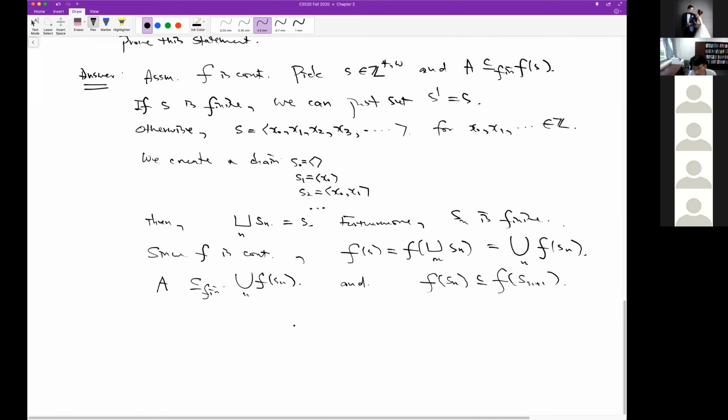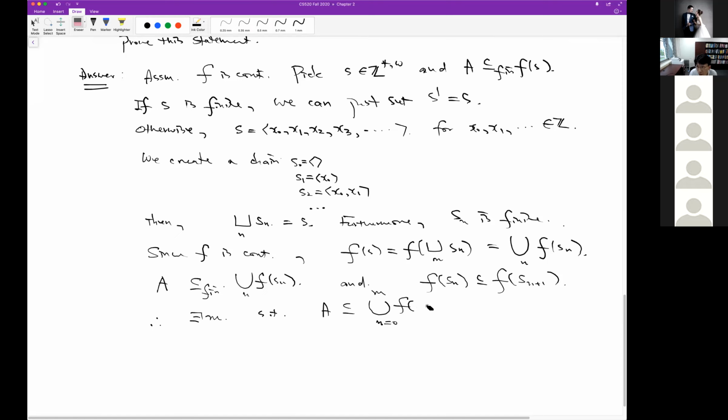Okay, so what does this mean? This means that we have increasingly larger and larger sets, and their union will contain the finite set A. That means that at some point this entire A should be contained, because A is finite. So there exists some m such that A is included in the union for n from 0 to m of f of Sn.